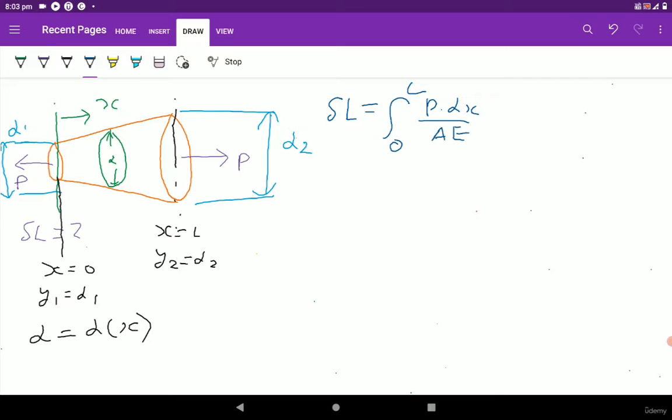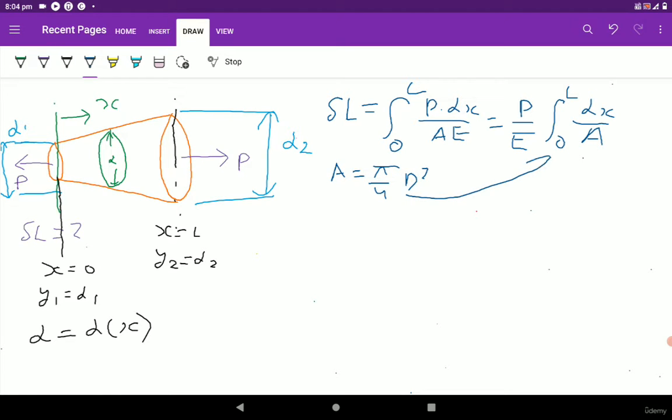P by E, integral 0 to L dx upon A, and here A is pi by 4 d square. So substituting in this equation we get delta L is equal to P by E integration of 0 to L dx upon pi by 4 d square.